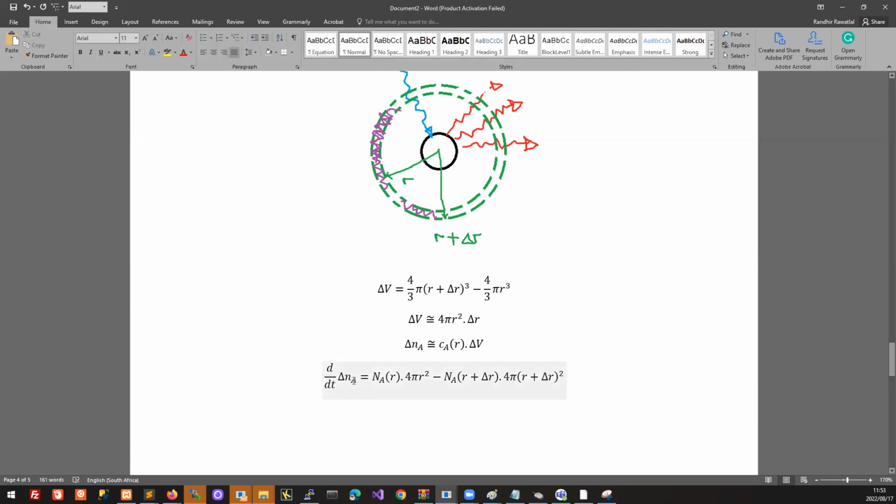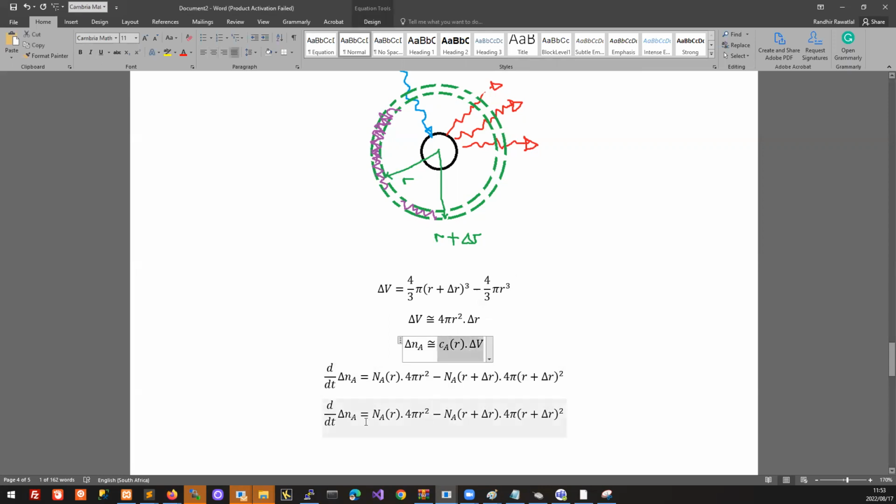So we have this expression. We can substitute for delta NA. So we can rewrite this as CA delta V. And then delta V, we are approximating with this. And you can see these are selected radial positions, R and R plus delta R. So they are not going to change with time.